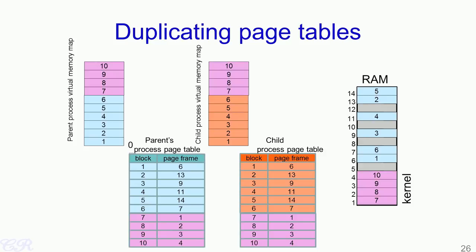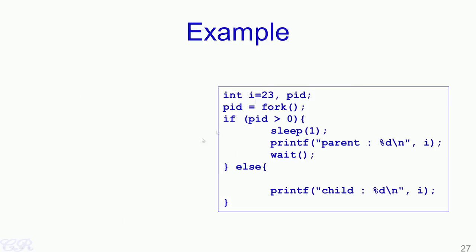Let us look at this with an example. Suppose we have written the following program which invokes fork, and fork returns a PID. In the parent process we sleep for some time and then invoke printf, which prints the value of i. Here, i is defined as an integer with the value of 23.